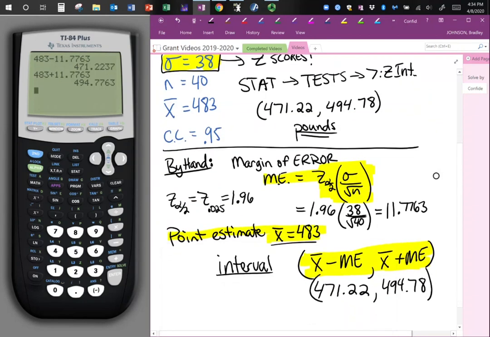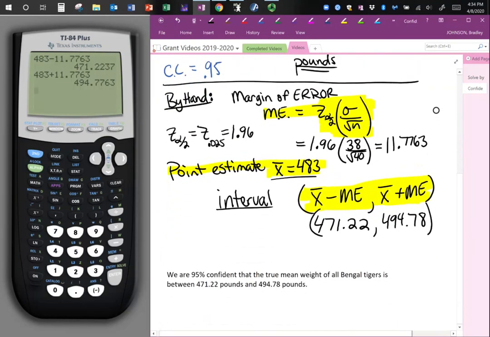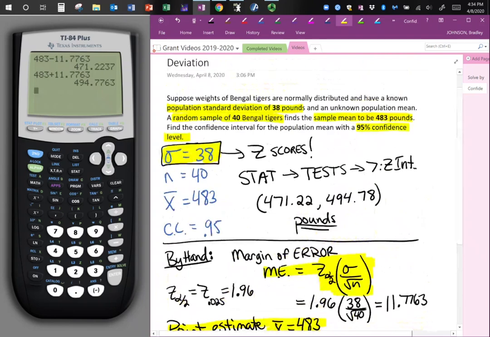After you make your interval, you will make what's called a confidence statement. I have made our confidence statement right here. So we are 95% confident the true mean weight of all Bengal tigers is between 471.22 pounds and 494.78 pounds. Remember at the very beginning, we said we had an unknown population mean.